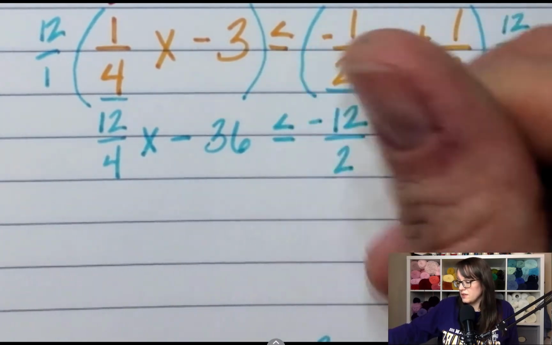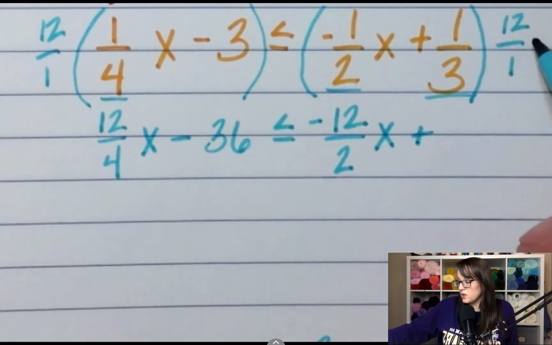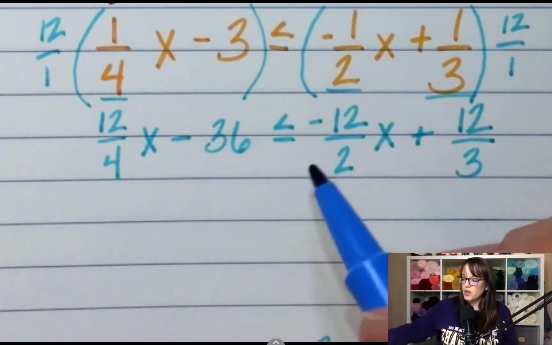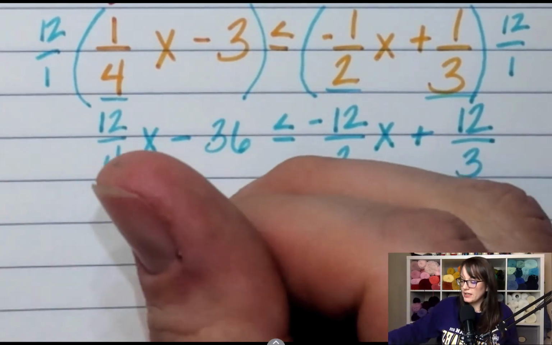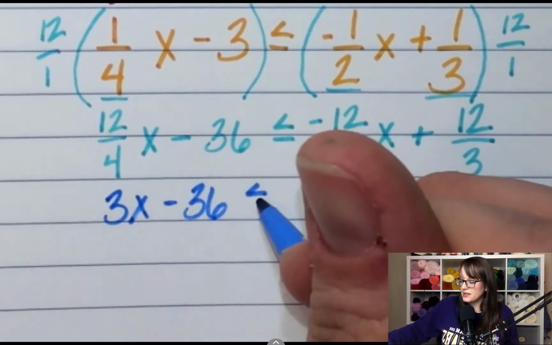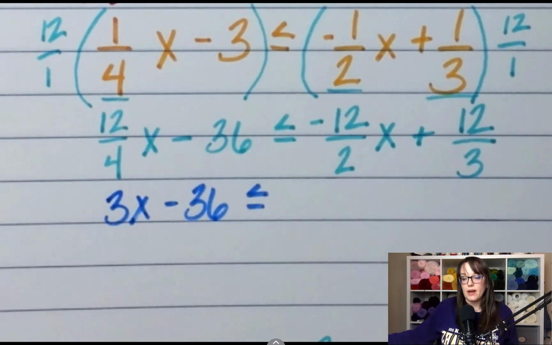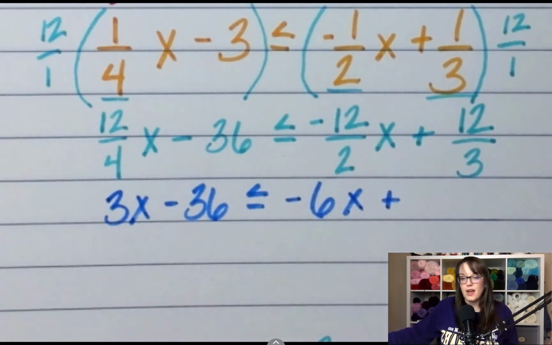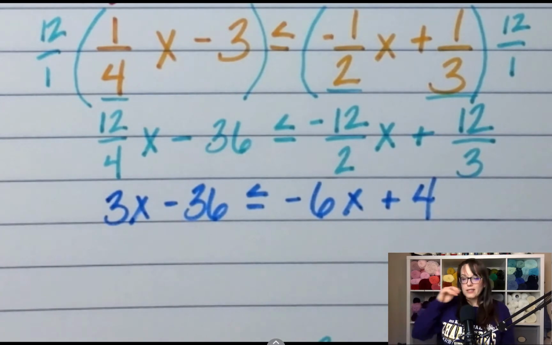This is a negative x plus 12 times 1, 12, and 3 times 1 is 3. Now I can simplify those fractions to make them whole numbers. 12 divided by 4 is 3, so 3x minus 36 is less than or equal to negative 12 divided by 2, negative 6x, plus 12 divided by 3, 4. And now I solve this inequality like I solved all the other ones.